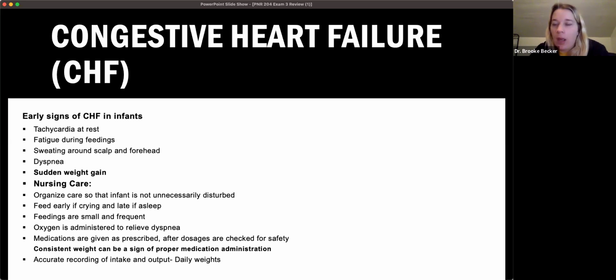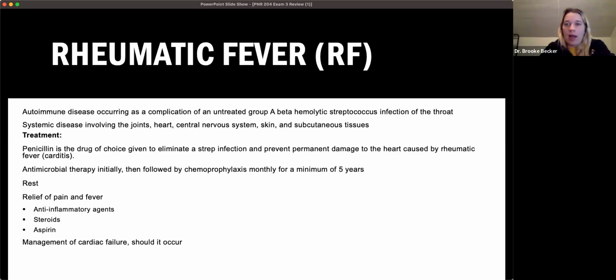And if kids are having a lot of weight loss or weight gain, that can tell you a lot of times with kids with congestive heart failure whether the parents or the child are being compliant with their medications. Okay. Also, keeping track of I&Os is important for parents to be aware of as well.